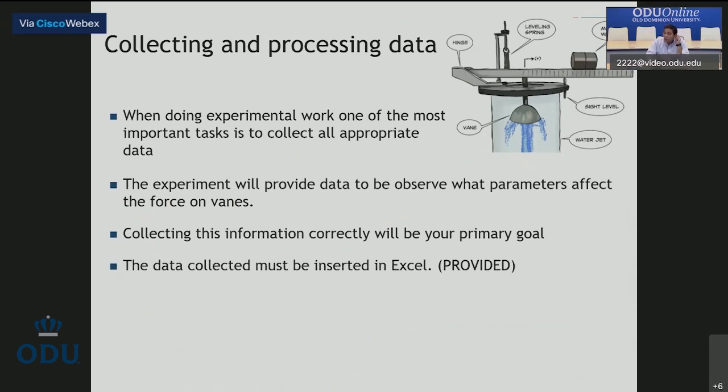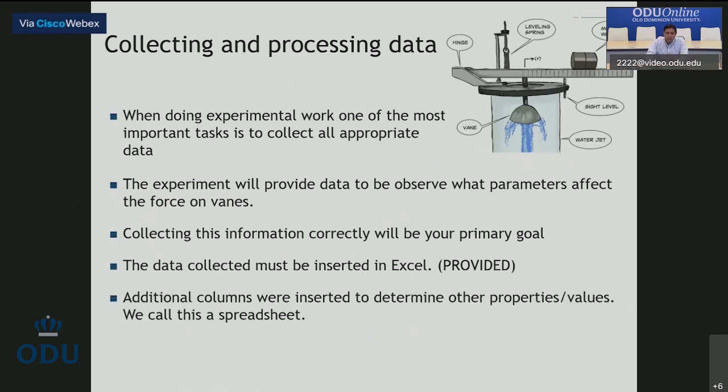The data you collect, you're going to insert in Excel. The Excel spreadsheet is provided similarly to how I provided it for my previous class. You'll see that I added a couple of columns to help you in the calculation, so I saved you time on that one. You're going to present the results in numerical and graphical formats.